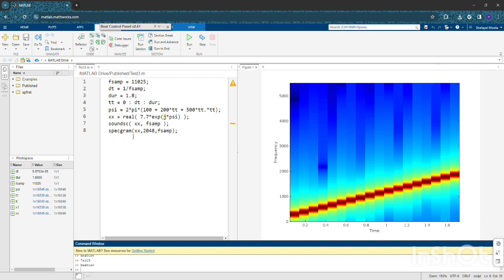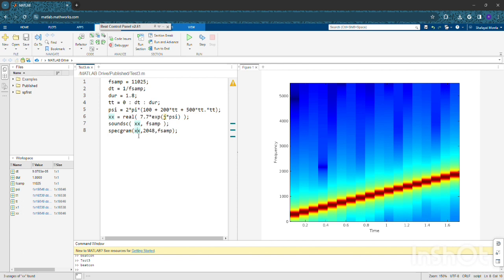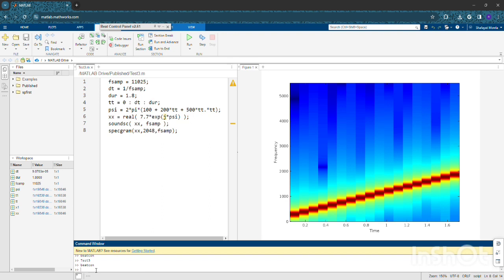So you have to use the spectrogram. You have to put your x here, and this is called the window size. That will define your pixel, I mean, how big the window length would be. And for the third element, you have to put your sampling rate. You can seek help from MATLAB about the spectrogram.